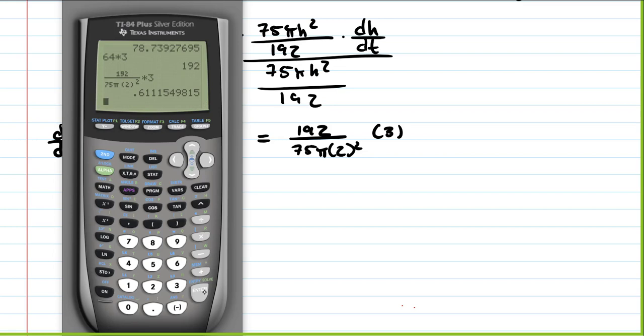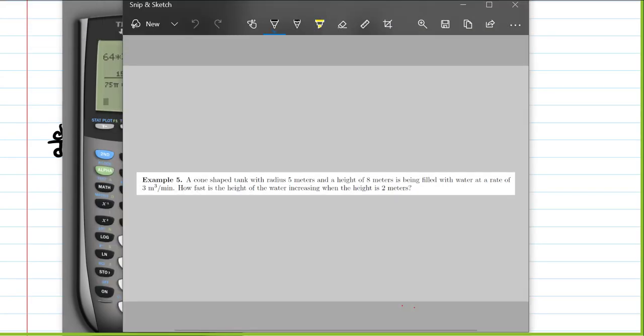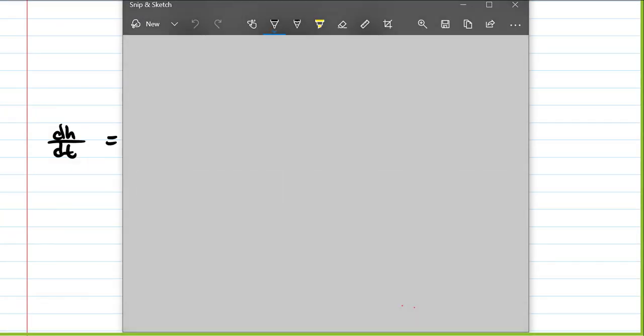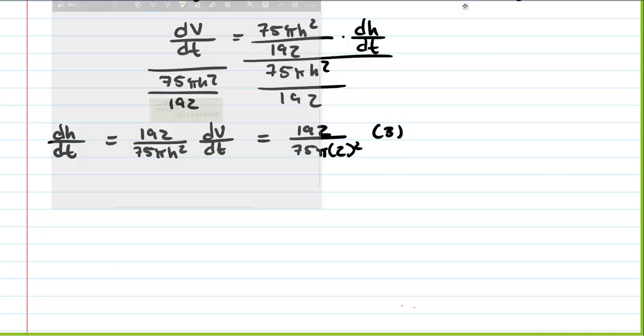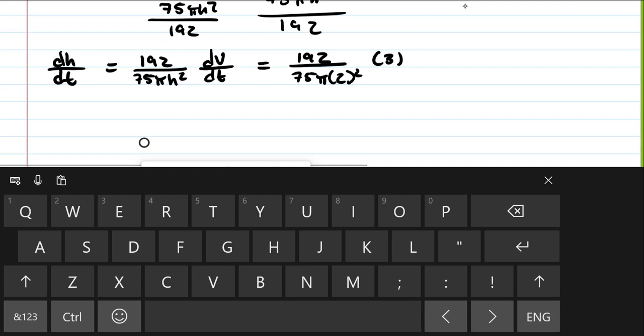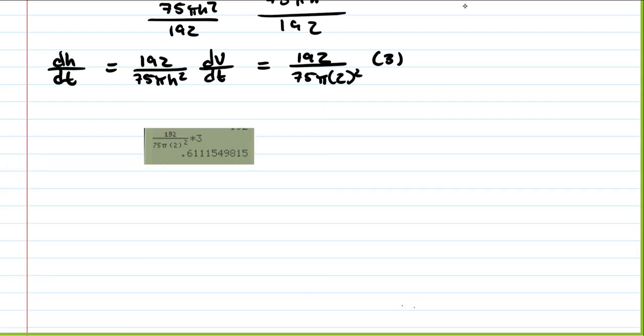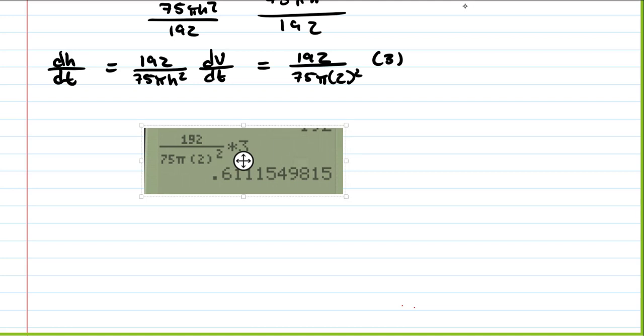And we get 0.611 and some change. So our height is going to be approximately 0.61 meters per minute.